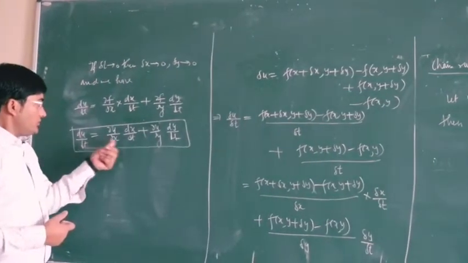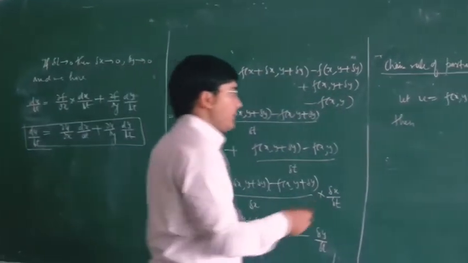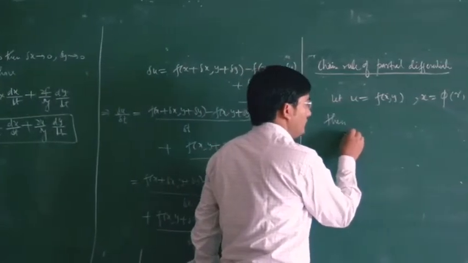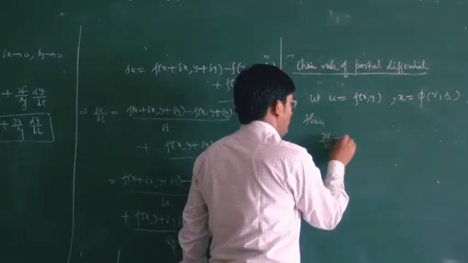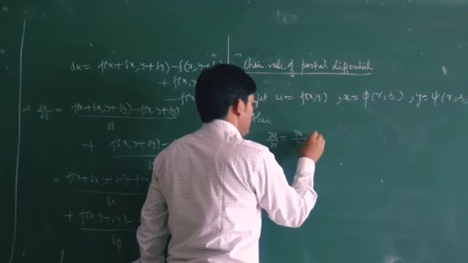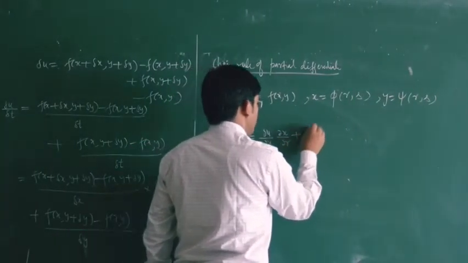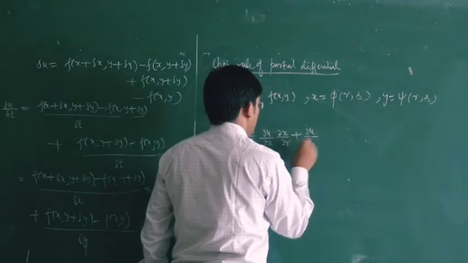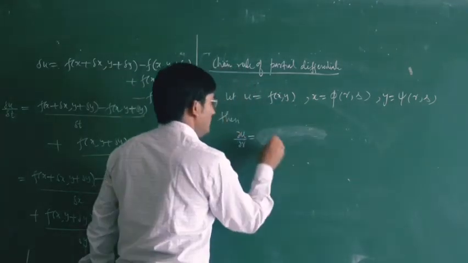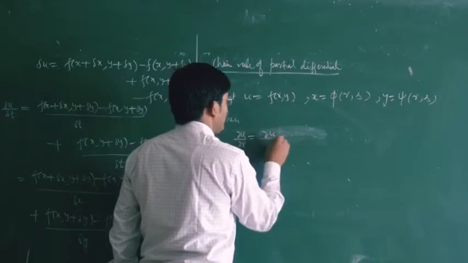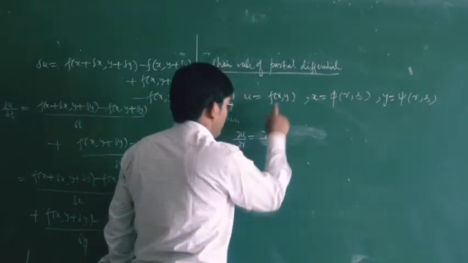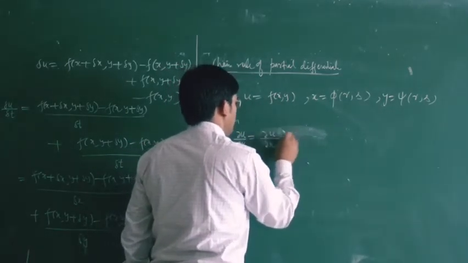then if you use this definition, then we have del u upon del r equal to del u upon del x into del x upon del r, then del u upon del y. No, that is not correct. This will be your del u upon del x into del x upon del r.